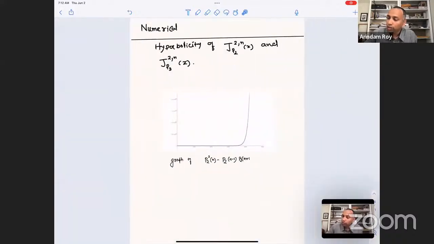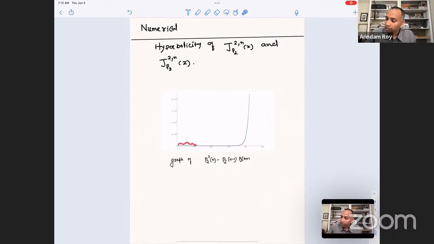We look at the degree 2 Jensen polynomial for p_2(n), so you try to write the integer n as a sum of squares. And then we just consider this function p_2(n) squared minus p_2(n-1) times p_2(n+1), and you just draw that graph. And it started to be really nice.